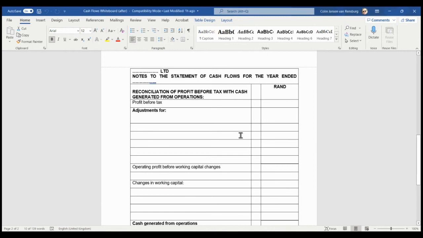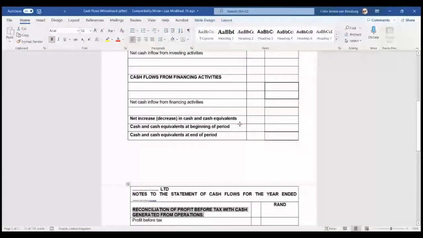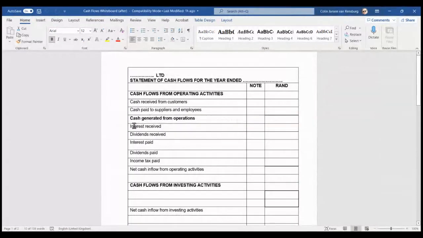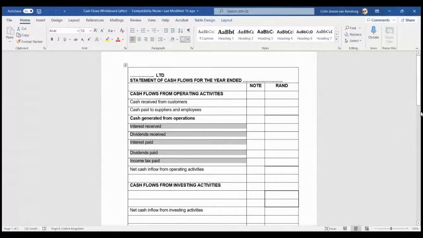Let's just go back to the other operating activities. There's still just a maximum of 5 possible cash flows that we are going to disclose as part of our other operating activities. Now, we've done this little exercise about an hour ago, but let's just go through it again.